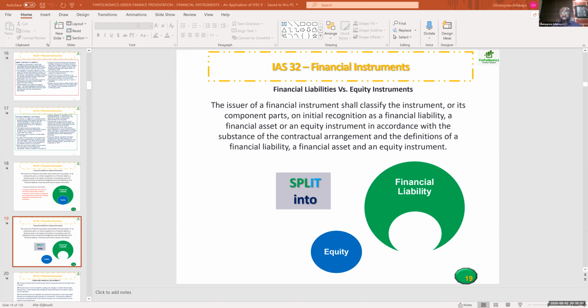Which means upon initial recognition, as you receive 1 million into your hand by debiting your bank, instead of crediting everything to liability as a convertible instrument, you only credit 950 to liability as a convertible security or bond, and the 50 will be taken to equity as the equity component of a convertible security, which is another class of reserve.